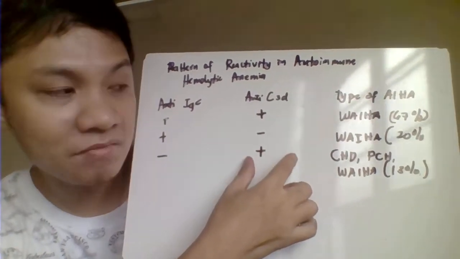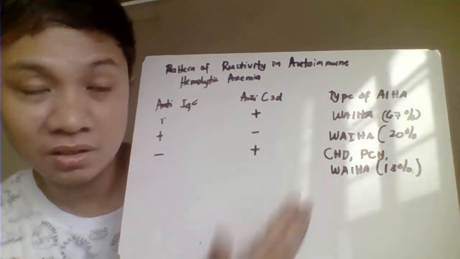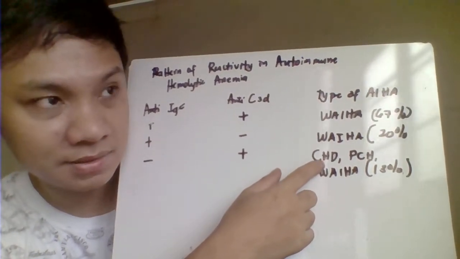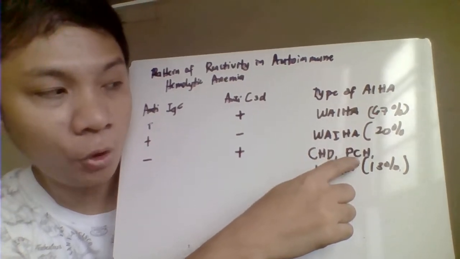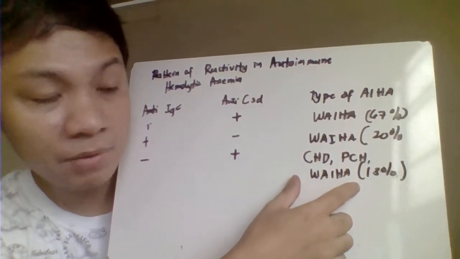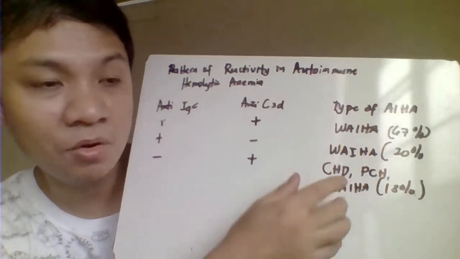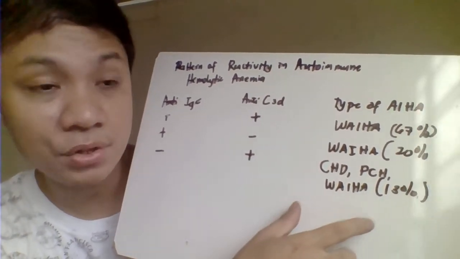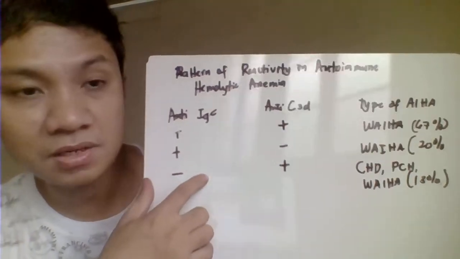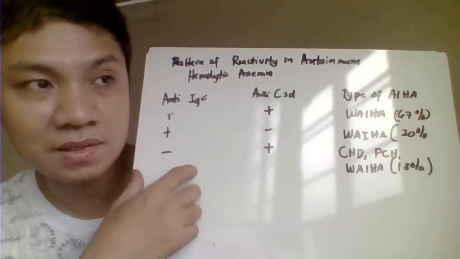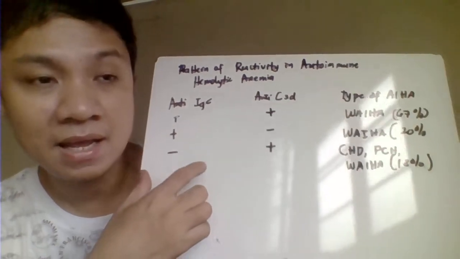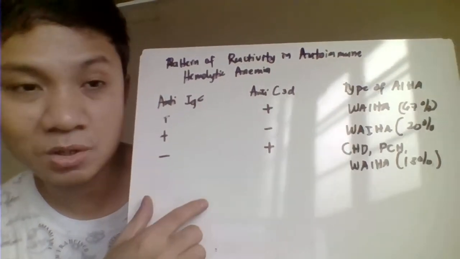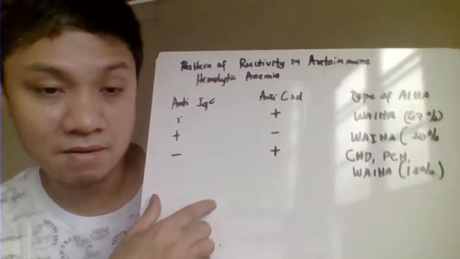So, pag positive dito, we are considering cold hemolytic reactions like cold hemagglutinin disease, paroxysmal cold hemoglobinuria, and we have warm autoimmune hemolytic anemia, only that a very small population of reactivity lang, 13%. Because remember na nag-negative siya dito to your IgG, which is indicating na dapat yan ay reactive at 37 degrees Celsius. Since negative siya dito, so most likely hindi talaga siya warm autoimmune hemolytic anemia.